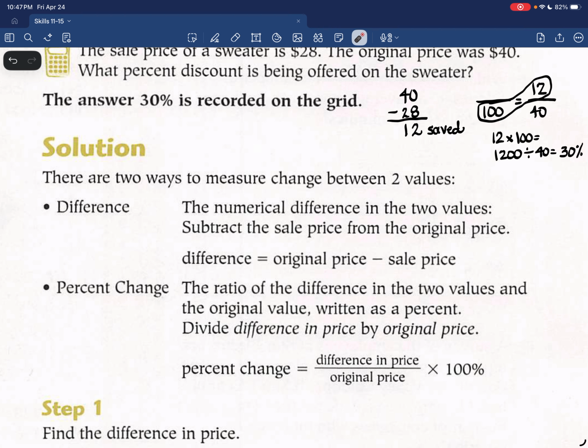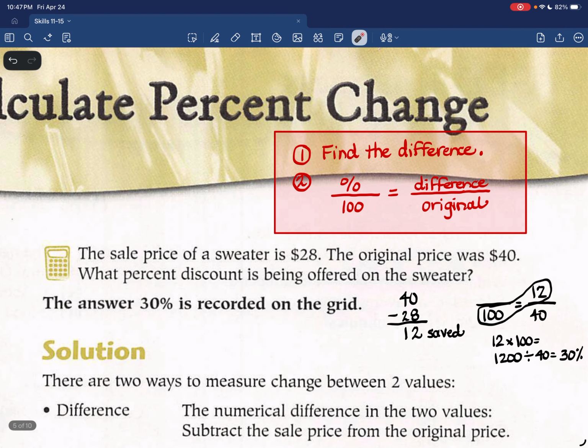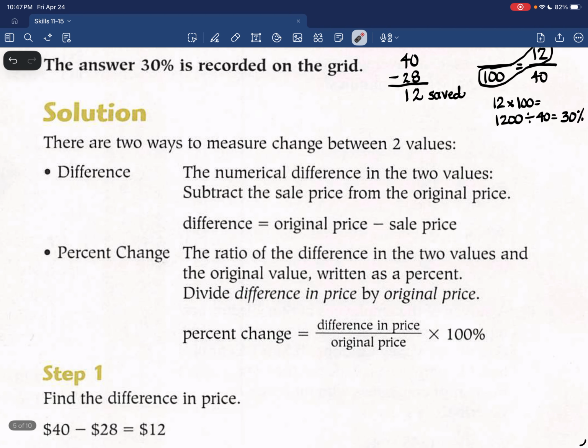Divide difference in price by original price, and that will give you the percent change. Now, to me, this red method is much easier to remember than what they've described here, but you absolutely can do it either way. You can memorize it either way.